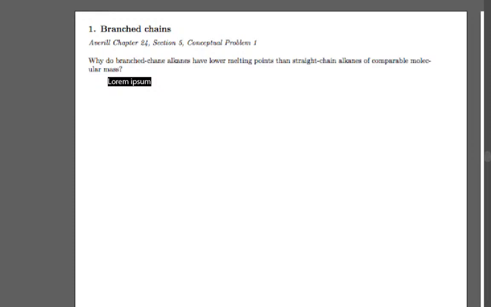So basically I would say that the surface area is larger, which means that the IMF will be stronger. And that means that it will have a lower melting point. Wait, a lower melting point. Does that? Oh wait, wow.